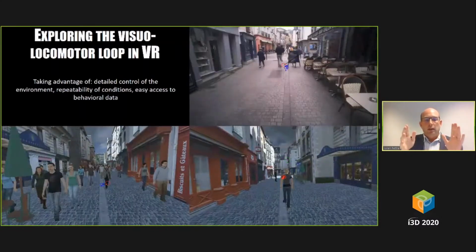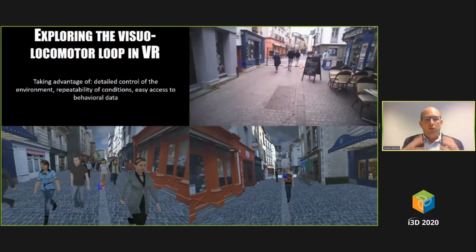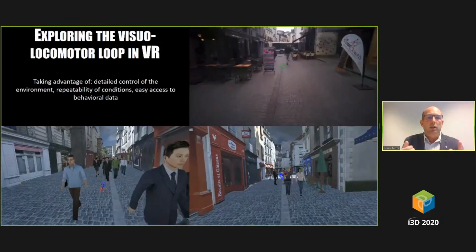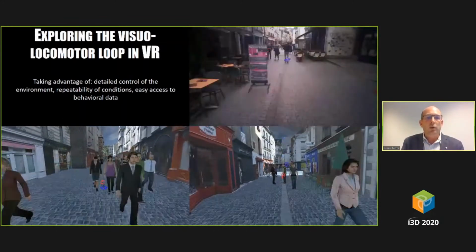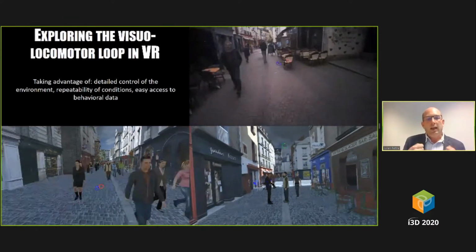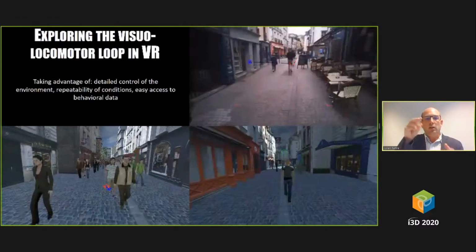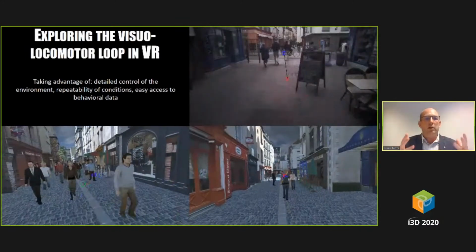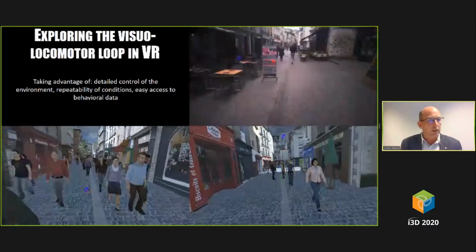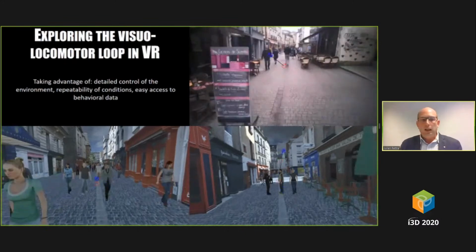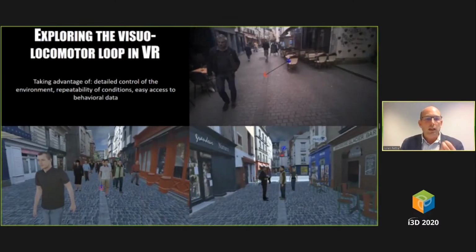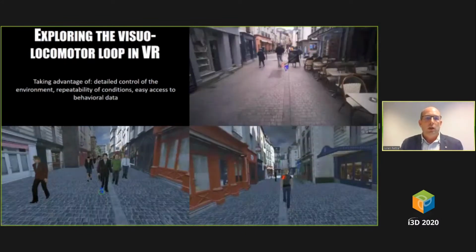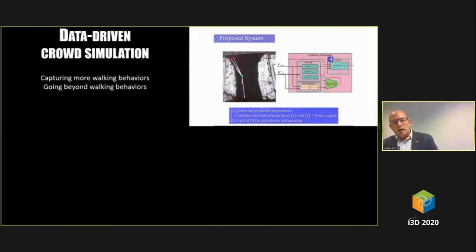So it means that you are capable of detecting those characters that present a high risk of collision with you. It tells a lot about the kind of information you take from the environment and the kind of interaction neighborhood you are considering. So it really gives insights for modeling crowd behavior. Another perspective is data-driven crowd simulation.